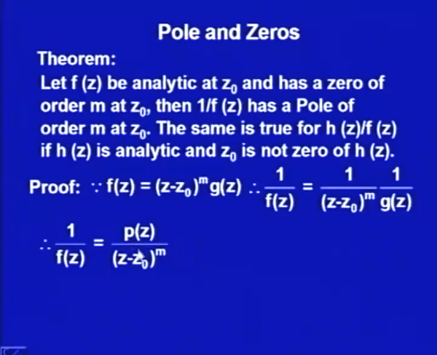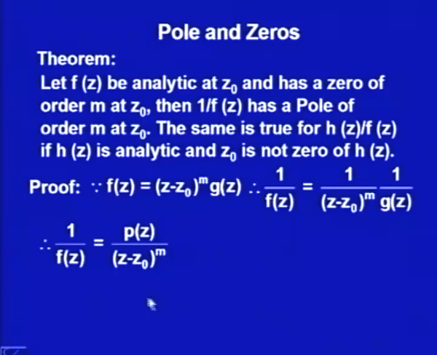What it says is that I have this new function 1 upon f(z), which has a principal part. The principal part contains in the denominator (z minus z naught) to the power m, and its numerator is p(z), which is not 0 at z naught.